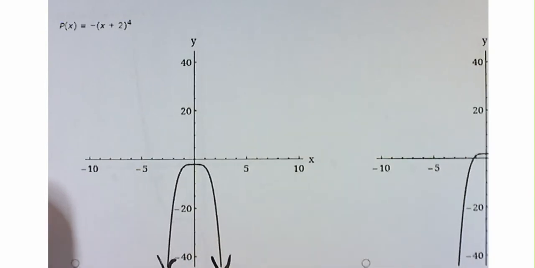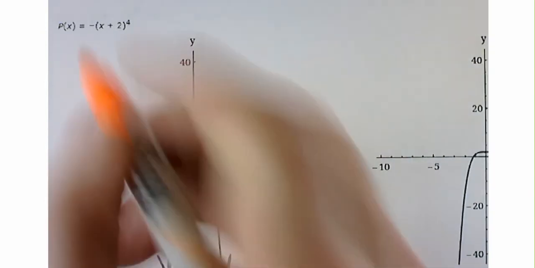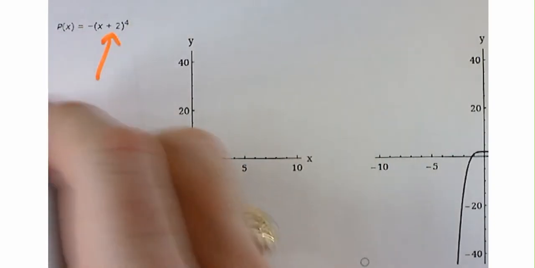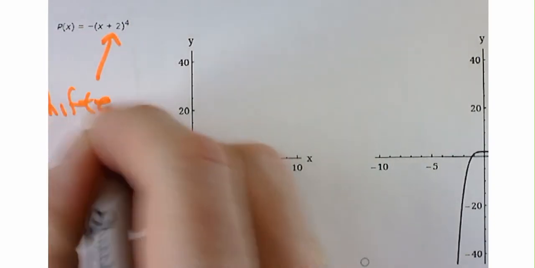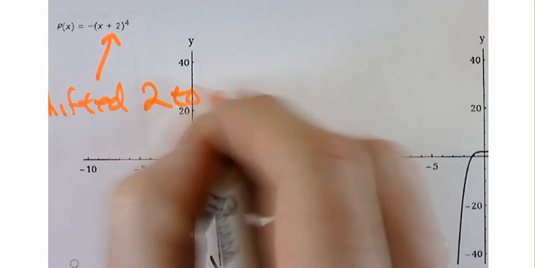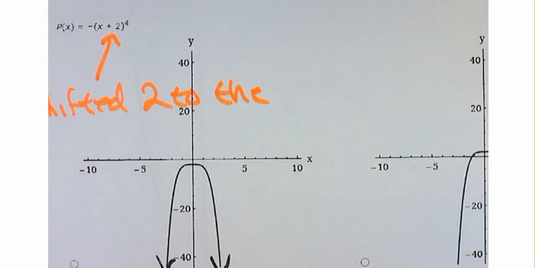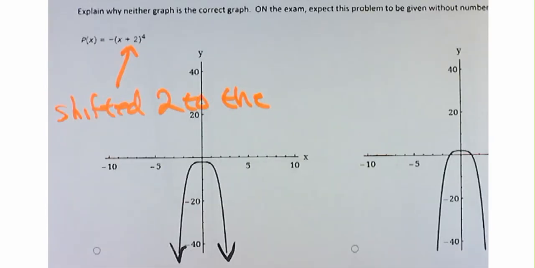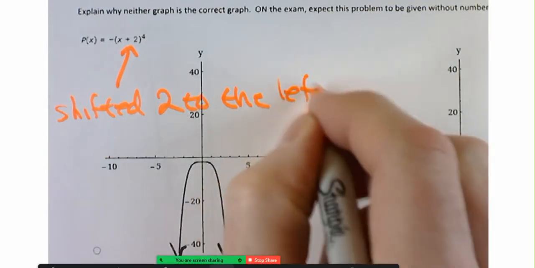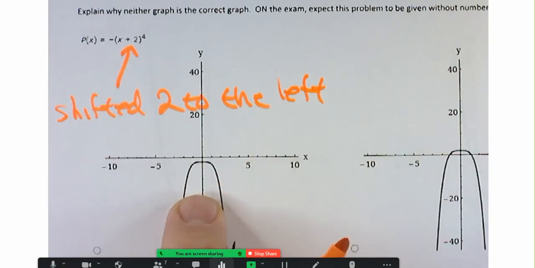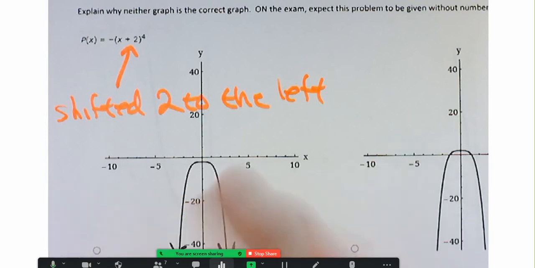That much is correct. But what kind of a shift would the plus 2 cause? Shifted 2 to the left. But which way was this graph shifted compared to y equals -x to the 4th? Either way. It was shifted down.